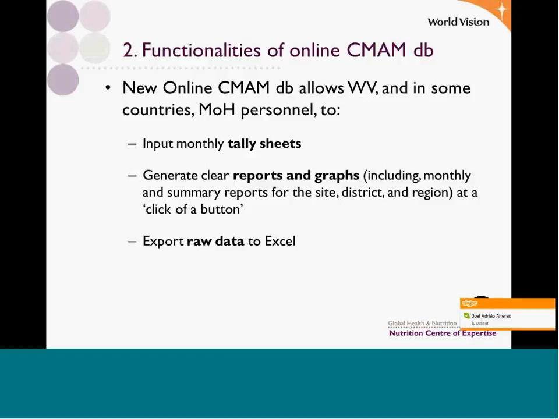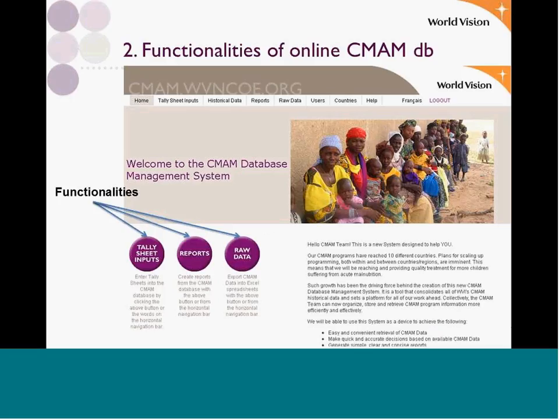It can be by fiscal year, so let's say October to September. And you can generate it for the district level, regional level, or the national level, at the click of a button. The third functionality is that you can export the data to Excel. And we'll go over the benefits of the functionality later.